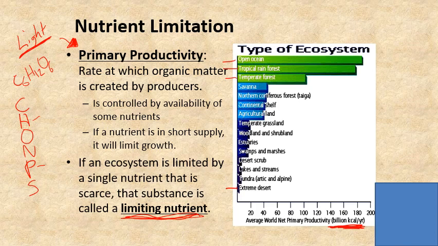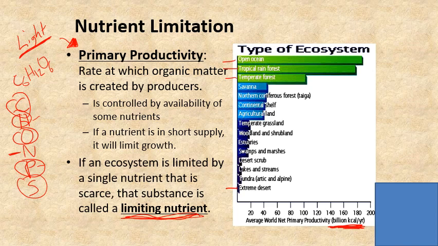So this limiting nutrient is what sets the max amount of productivity. So you may have an excess of all of these other elements, but if nitrogen is in low supply, no matter how much of the others you have, nitrogen is the lowest amount.